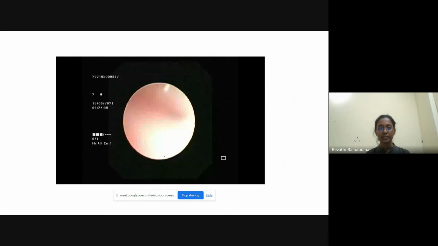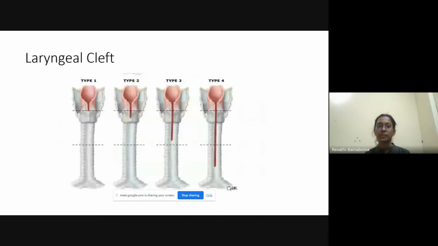Because of the defect in the posterior laryngeal wall, the child is having recurrent episodes of infections and aspiration. So this is a laryngeal cleft, which is a defect in the posterior midline of the larynx.